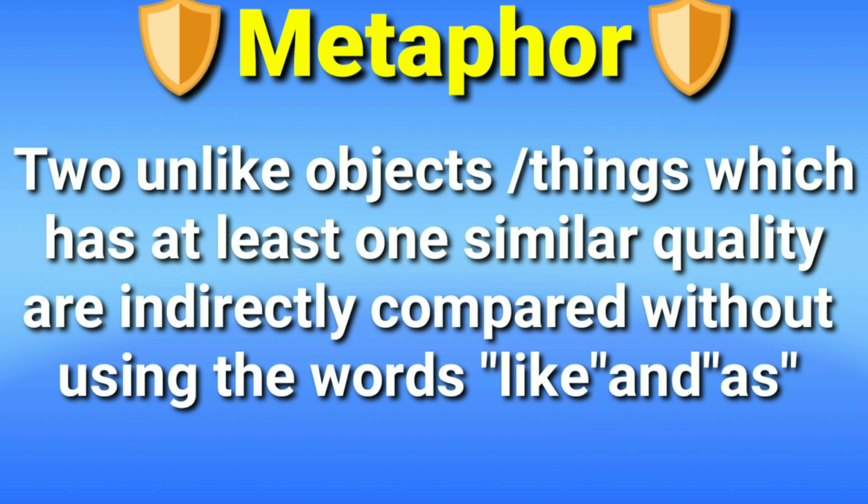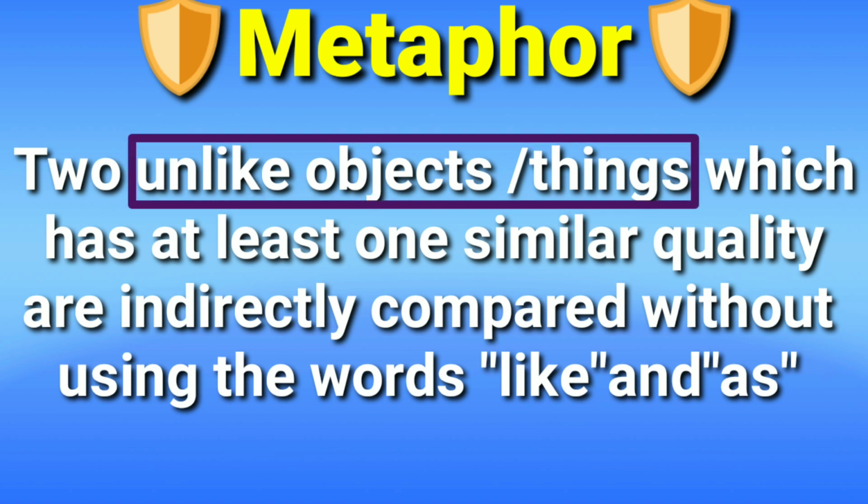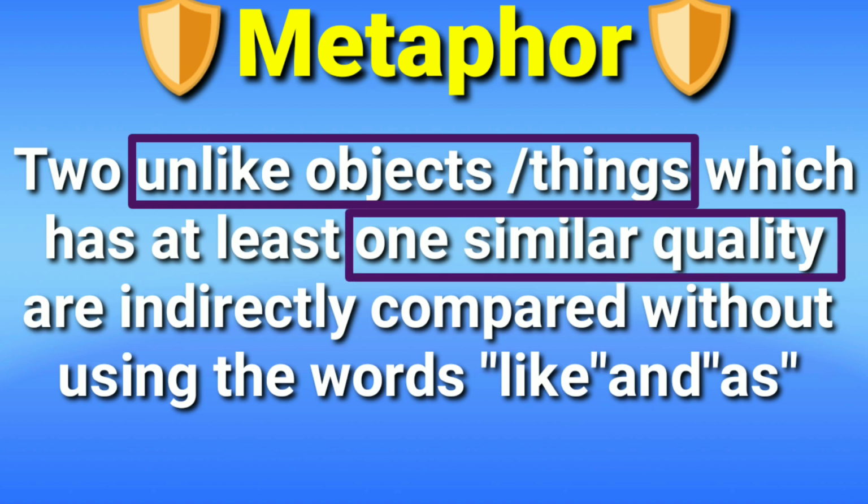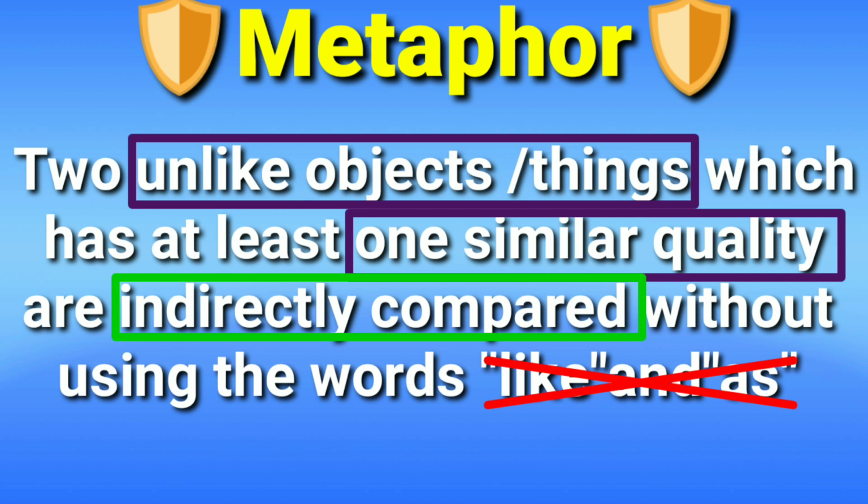Now in this definition you can see again four important aspects are there. The two objects should be unlike. They should have at least one similar quality, which is very much similar to the simile. But the difference between simile and metaphor is the third and fourth aspect. Here there is indirect comparison, and for that comparison we are not using the word like or as.